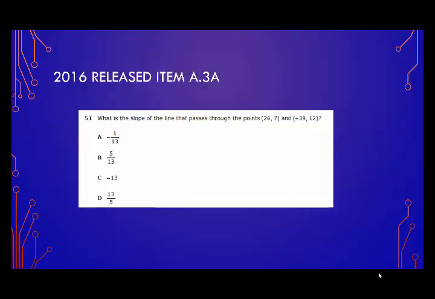A.3a was a question that our students didn't do so well on. 54% of them were able to find the slope of that line, and it has some challenge to it in that the numbers are a little larger. We have 54% of them choosing the correct answer A, and this item is coded with processes 1B, 1C, and 1F.